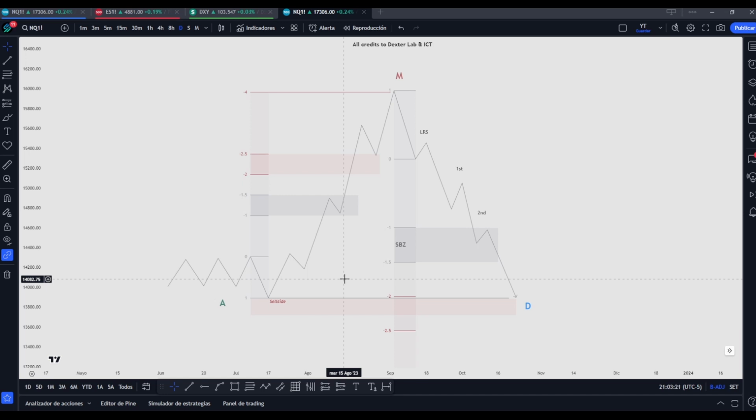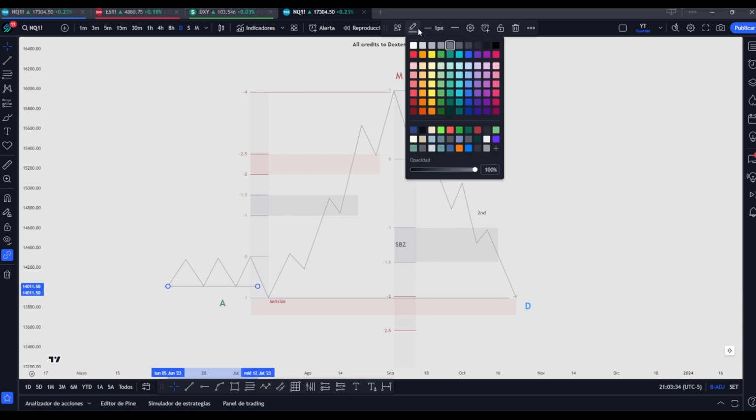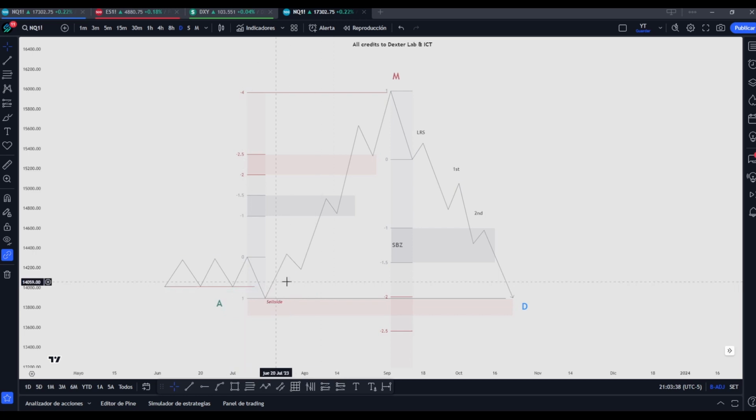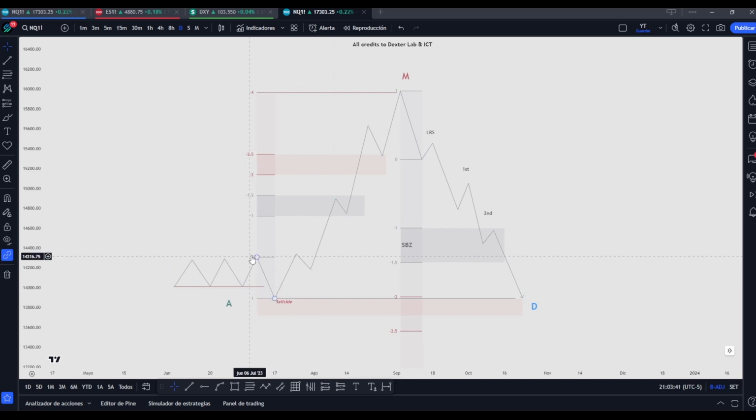What I mean by a manipulation leg is the last movement taking liquidity. So in this sort of example, the liquidity resting in the accumulation is right below these lows. So the last price swing leg, like swing high and swing low, will be our manipulation leg.